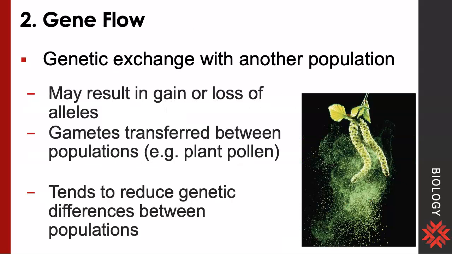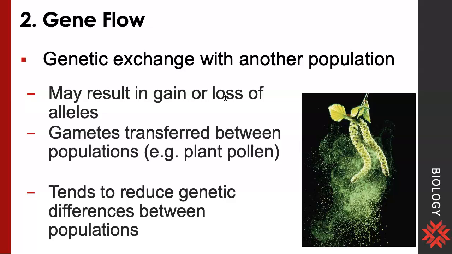Our second way that populations change over time is due to gene flow. And gene flow is when you have genetic exchange with another population. So maybe you have somebody coming into the population that has different alleles, or maybe you have somebody that's leaving the population. As the population gains or loses alleles, that in itself is going to change the gene pool.